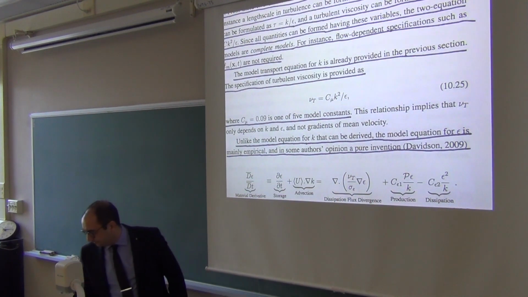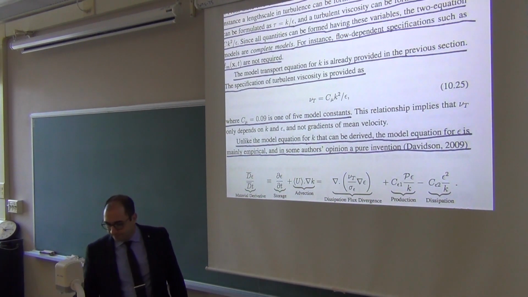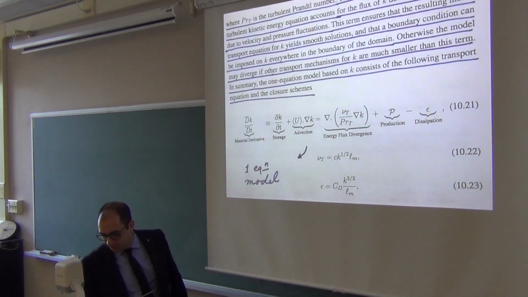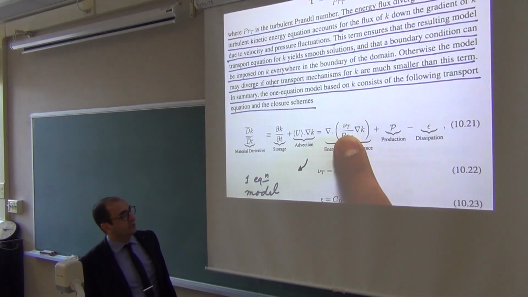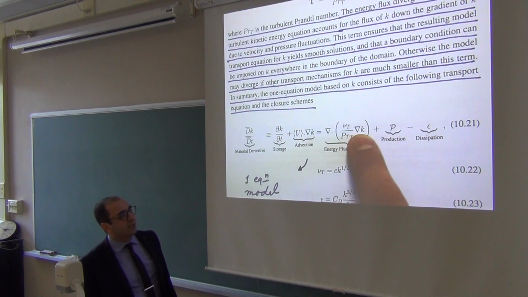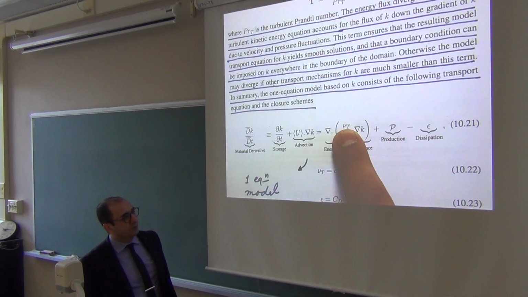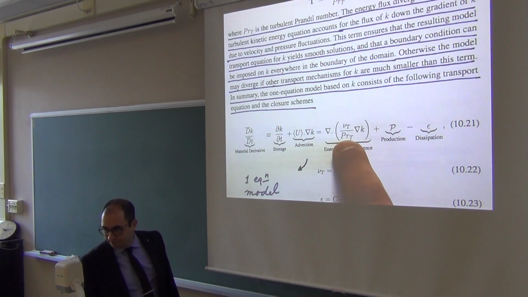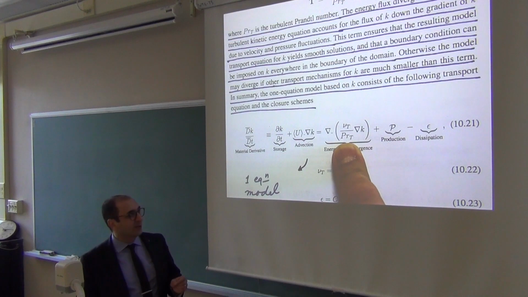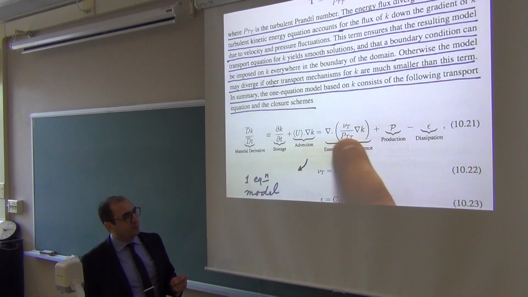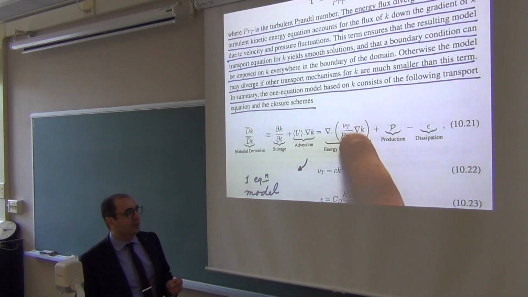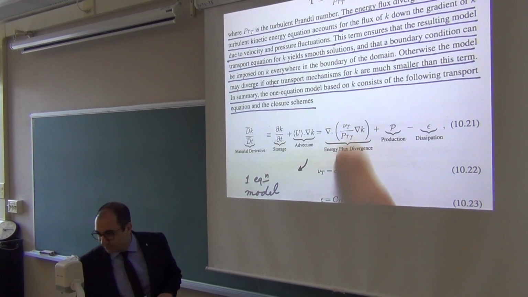If I'm using the gradient diffusion hypothesis for kinetic energy, now I have the gradient of K, so I have turbulent viscosity divided by the Prandtl number for the kinetic energy. So you kind of scale the constant of proportionality, nu t. You are scaling nu t, so you are assuming a larger or a smaller constant of proportionality for the down gradient hypothesis.